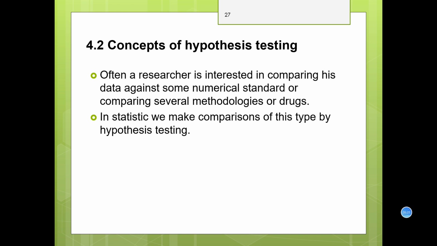In chapters 5, 6, 7, 8, we are going to learn some methods of hypothesis test. I will show you more details about it. So chapter 4 is only an introduction to hypothesis testing.